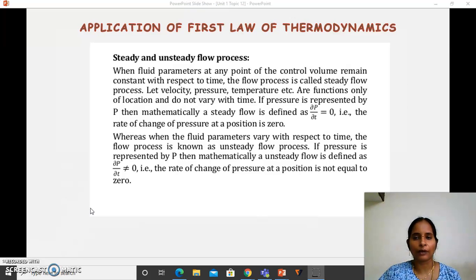Before moving to the application of the first law to various thermal devices, first let me explain what steady flow and unsteady flow processes are. It is a very interesting definition and topic which is closely related to our application of the first law of thermodynamics to various devices.